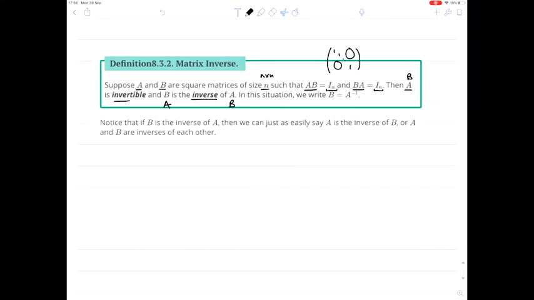And in this situation, because we're talking about the multiplicative inverse, we would write that B is equal to A to the minus 1. Now it's worth being very careful here.